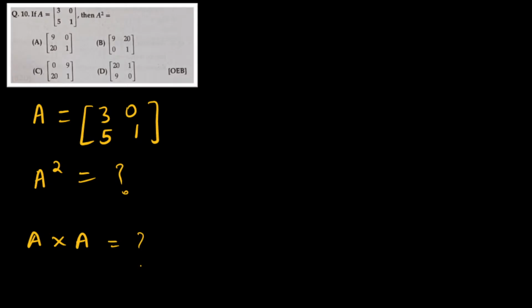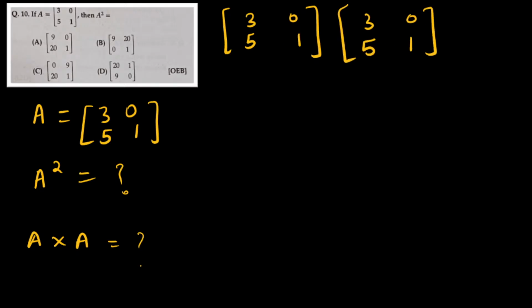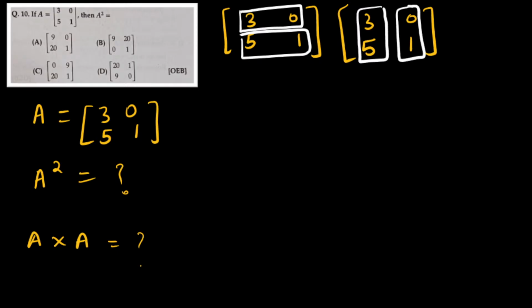So what we will do? A with itself we have to multiply. So like this. A matrix is 3, 5, 0, 1. With itself I have to multiply. So again the same thing I'll write. Here the rows of the first one we have to mark, and the columns of the second one we have to mark.